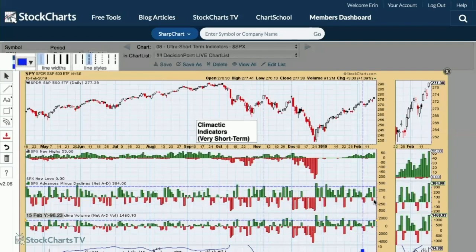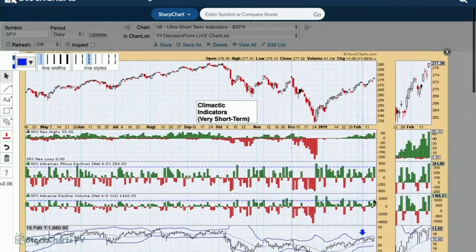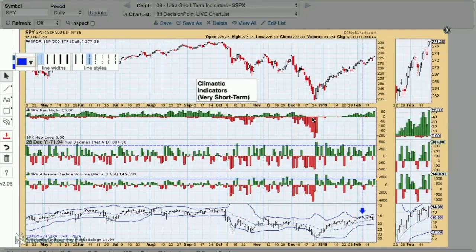The end of December, look at the advances minus declines. Ah, yes. End of December. We had it gradually squeezing down towards the zero line until just actually this week.